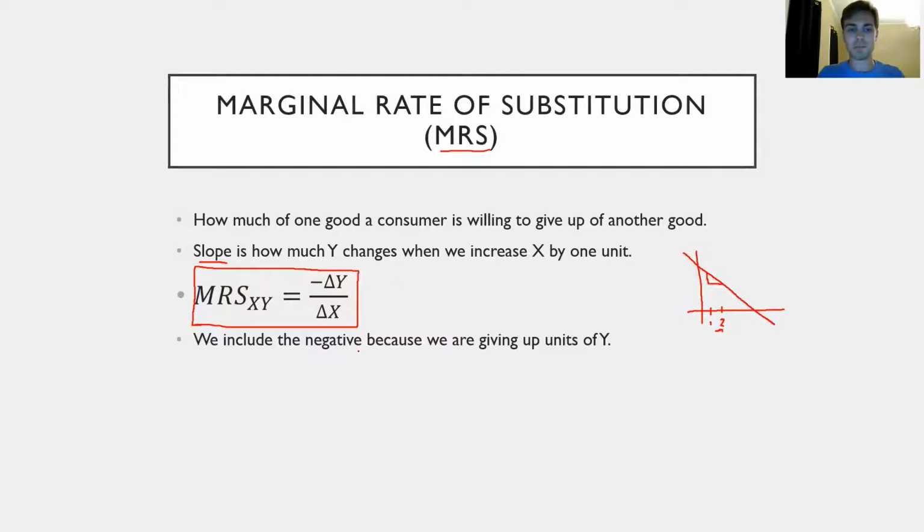We include the negative because we're giving up units of y to get x, since we have downward sloping indifference curves, and we'd like the marginal rate of substitution to be viewed as a positive number. That's why we put the minus sign in front.